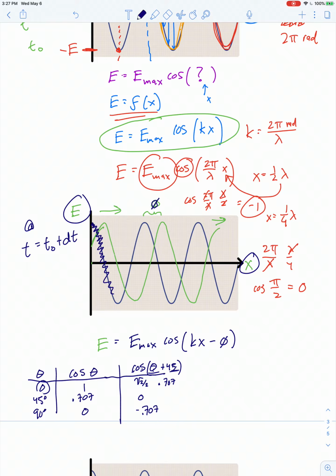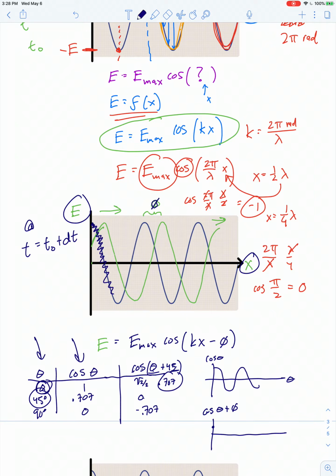And so if we were to graph cosine theta versus theta, we would have this graph. But if we make a graph of cosine of theta plus phi, then at 0 we have 0.707 instead of 1, right? So we've got a lesser value, and then at 45 degrees we have 0.